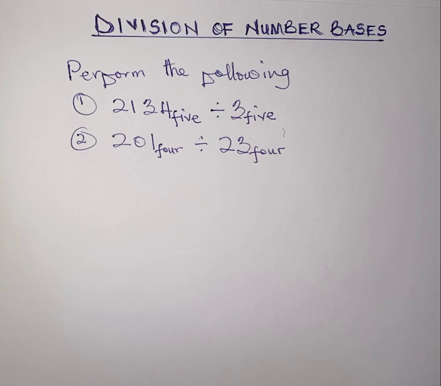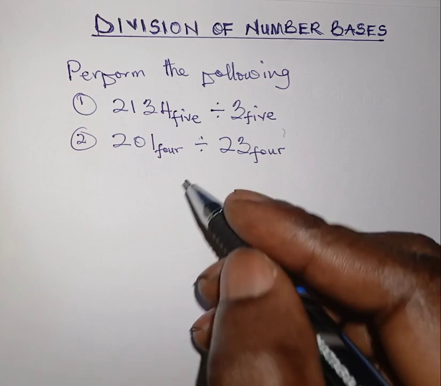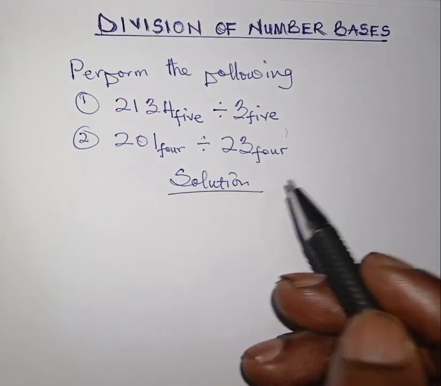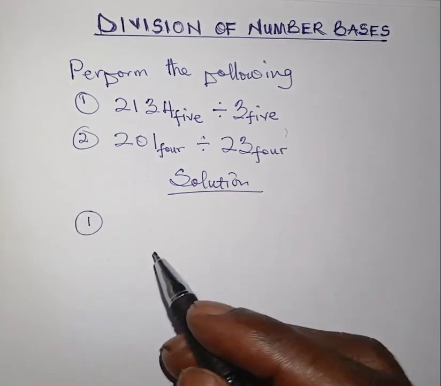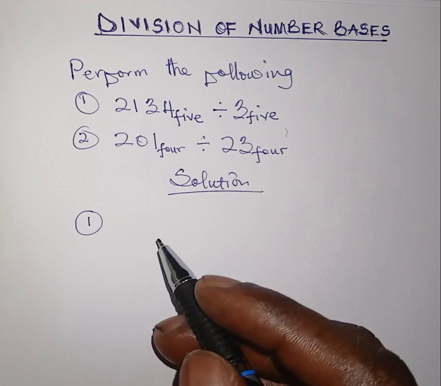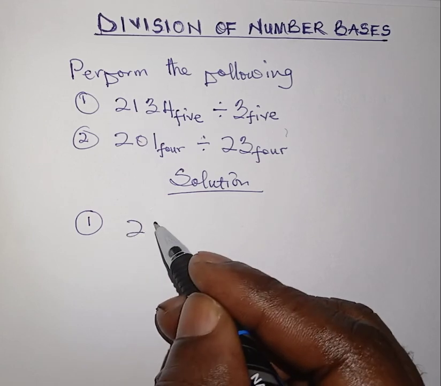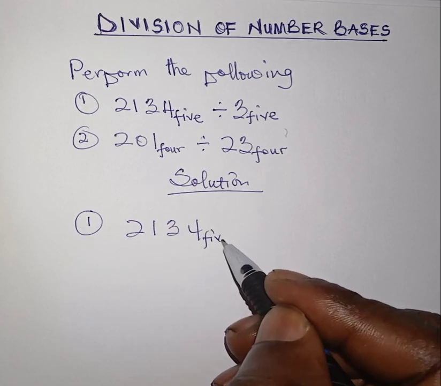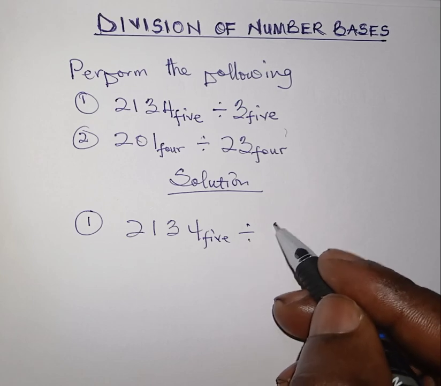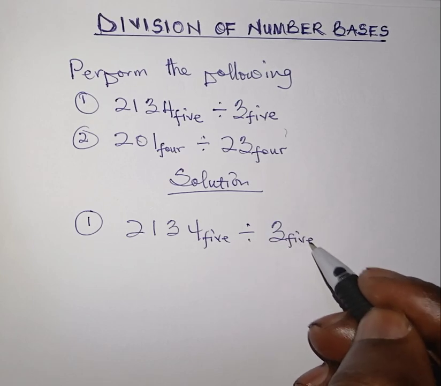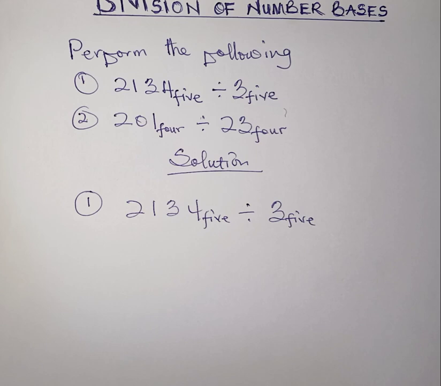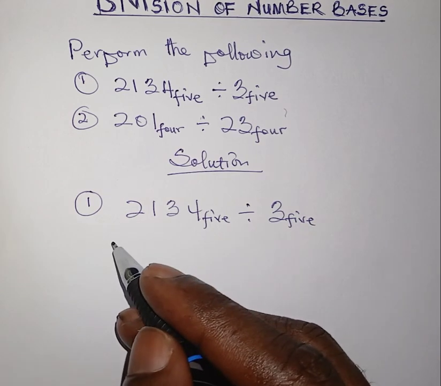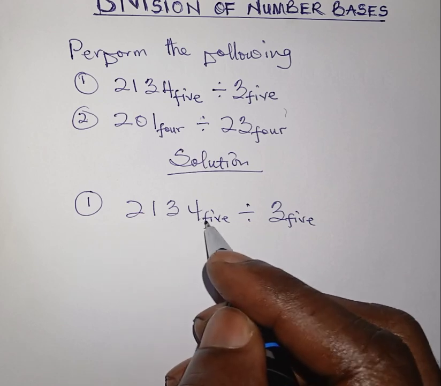Now let's take example 1 and see how we can do that. So this is 2134 base 5 divided by 3 base 5. So we are going to change all of them to base 10. You remember what we did in changing from base 5 to base 10.